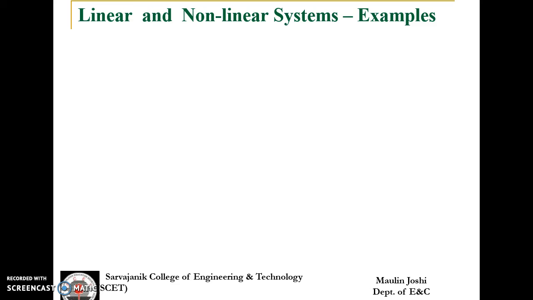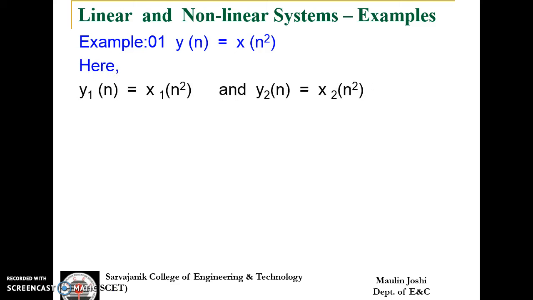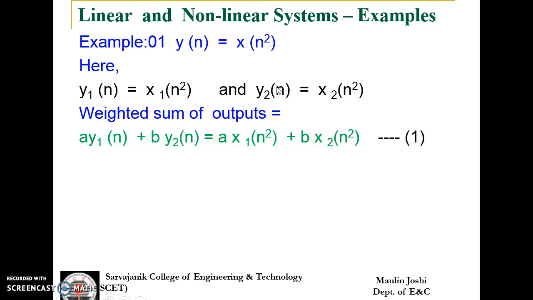Let us see the examples. First example is y[n] is equal to x[n] square. Here if the input is x1, we'll get the output y1[n]. If the input is x2, we'll get the output y2[n]. If we take the weighted sum of the outputs, y1[n] and y2[n], then we'll get a times y1[n] plus b times y2[n], that is a x1[n] square plus b x2[n] square.